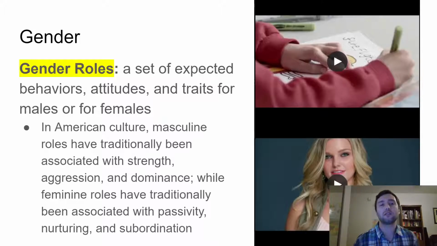Now, again, obviously, if these are expectations, these are very much coming from society, right? We create our different ideas of what gender roles are, which is why they can look different from place to place. For example, in American culture, masculine roles have traditionally been associated with strength, aggression, and dominance, while feminine roles have traditionally been associated with passivity, nurturing, and subordination.